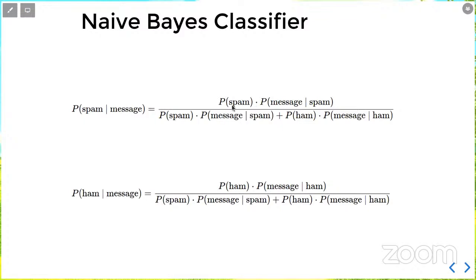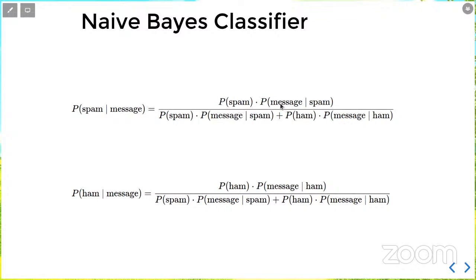Let's say you have 1,000 messages in spam, 1,000 messages in ham. So you say that the prior is 0.5 for both, right? Remember that prior is something that you get by not looking at the individual words. You just look at the distribution of messages in the two classes and you get your prior from that. Okay, that is step one.